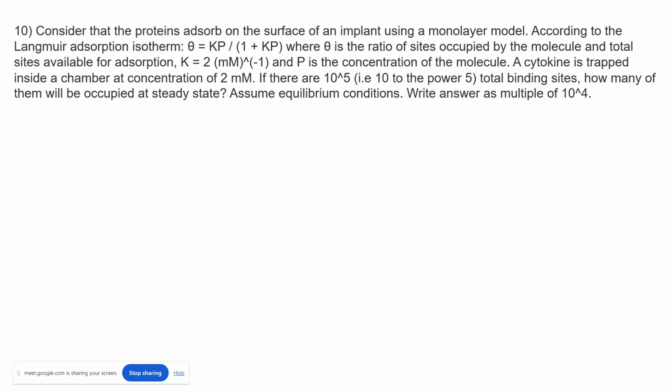K equals 2 per millimolar, and P is the concentration of the molecule. A cytokine is trapped inside a chamber at concentration of 2 millimolar. If there are 10 to the power 5 total binding sites, how many of them will be occupied at steady state? Assume equilibrium concentrations and write answer as multiple of 10 to the power 4.